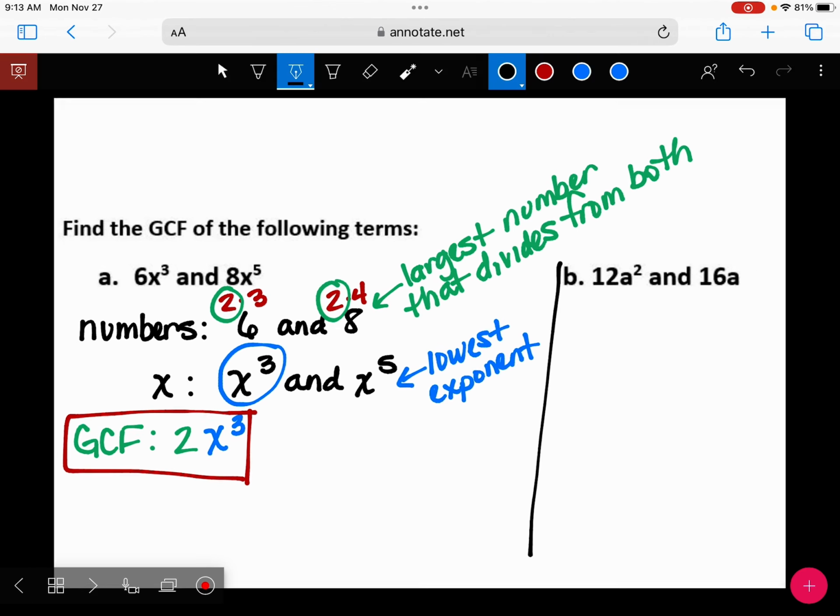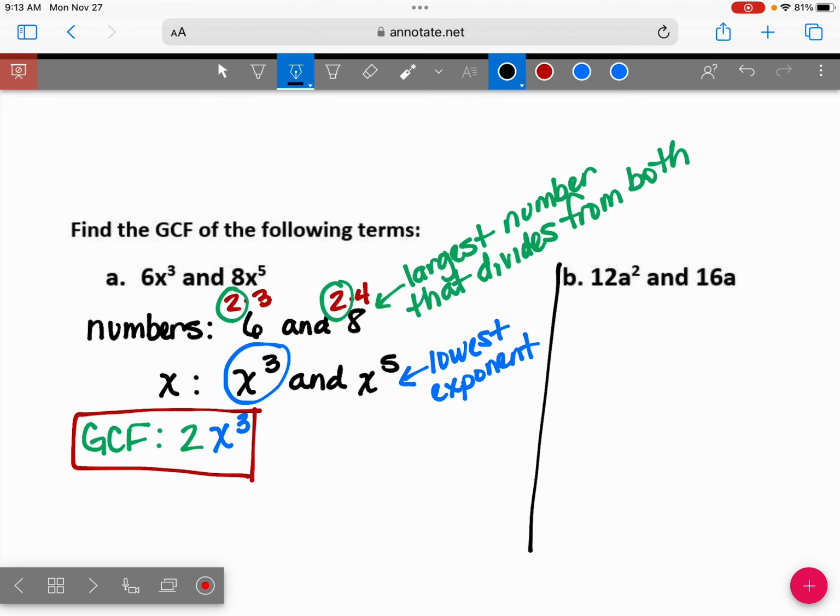All right, let's look at this next one. We have a 12, and I have 16. And then I also have a squared, and I have a. So let's look at 12 and 16. This is where knowing your times table really helps a lot.